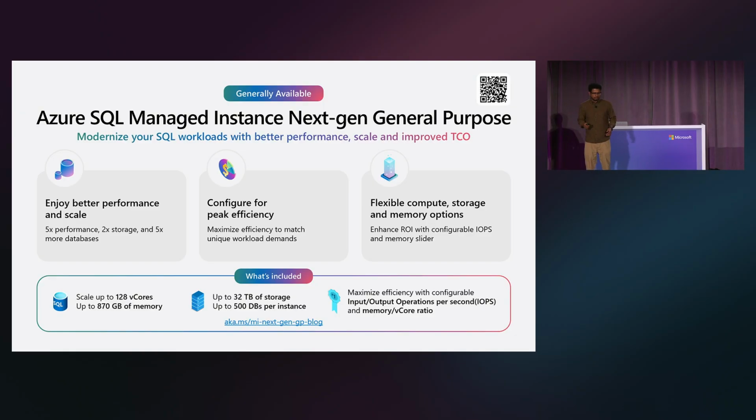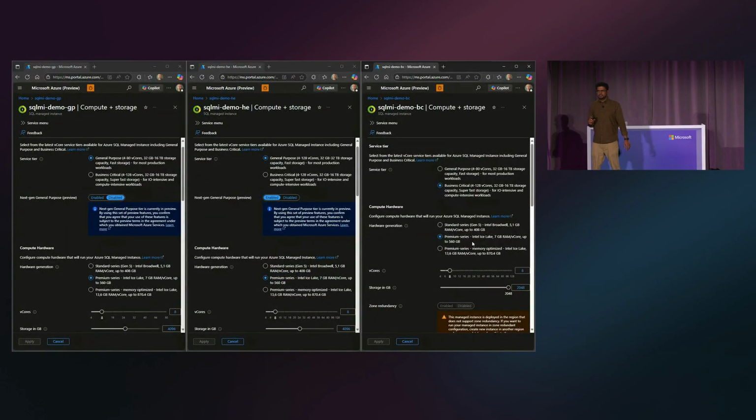So how about a demo, right? What I did here is there is this SQL demo GP on the left side. In the middle is the NextGen GP. And on the extreme right is the Business Critical. The only thing that you would see in the middle is that NextGen General Purpose is enabled. They are configured with the same number of cores, 8 vCores, and almost a similar amount of storage.